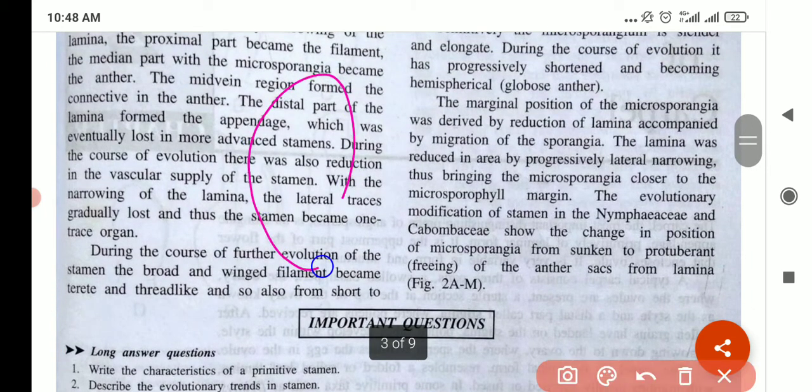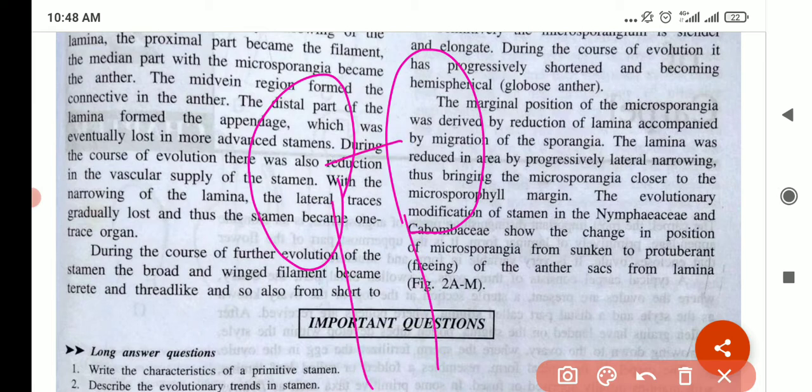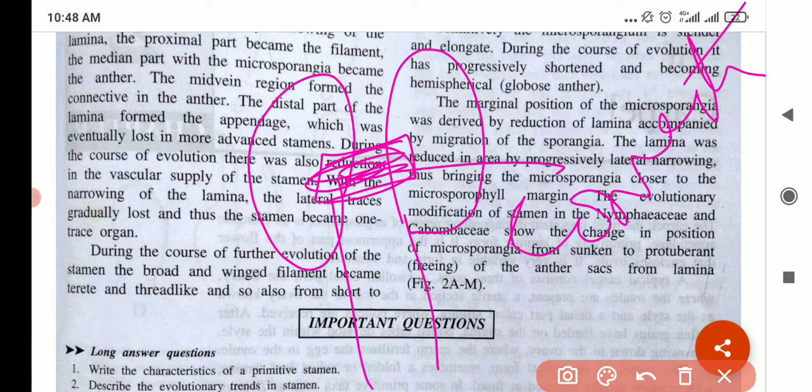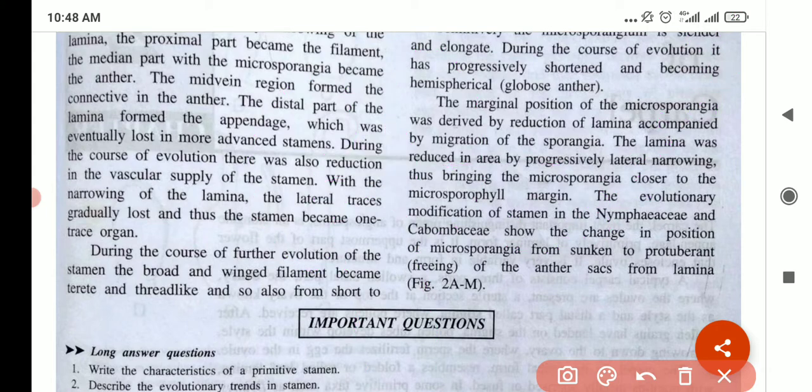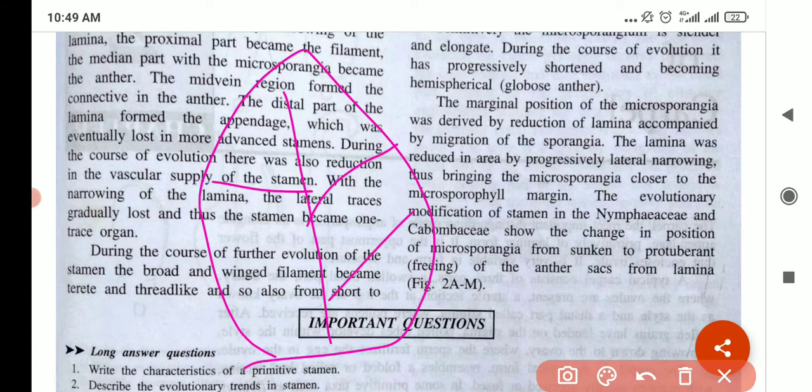Okay, these are anthers. And this is the stamen. And in between, what connects these two anthers is your connective. Okay, so I'm just reminding you about that. So simple. This mid-vein, from where these veins come out, became your connective.